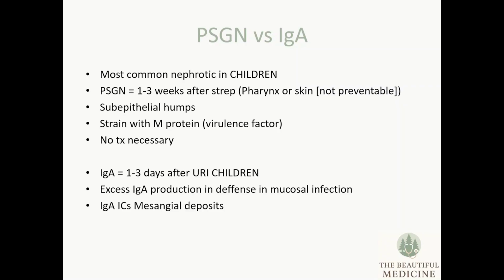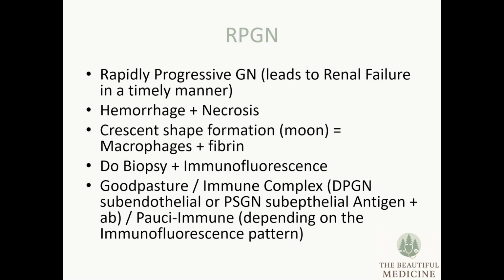It's IgA until proven otherwise. So mucosal infection, after 1 to 3 days, not 1 to 3 weeks, it's IgA nephropathy until proven otherwise. So here we have mesangial deposits. Of course, we didn't specify; all those kinds of deposits are mesangial.